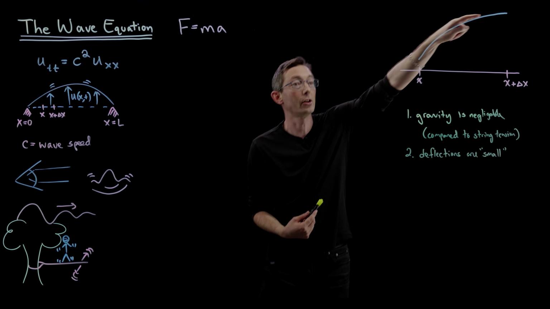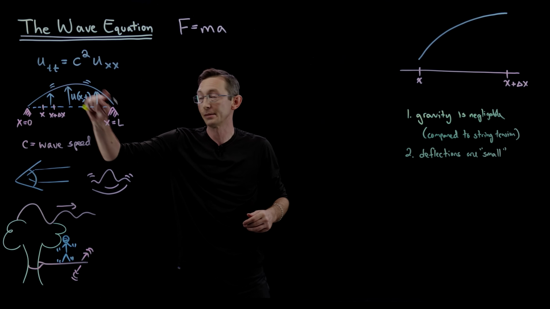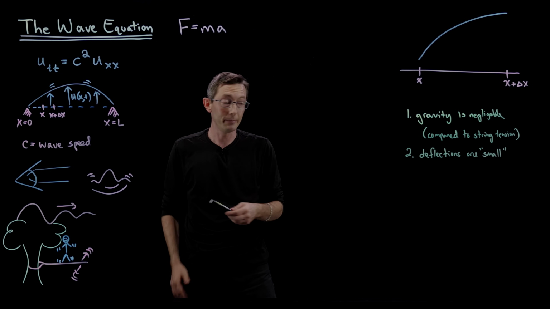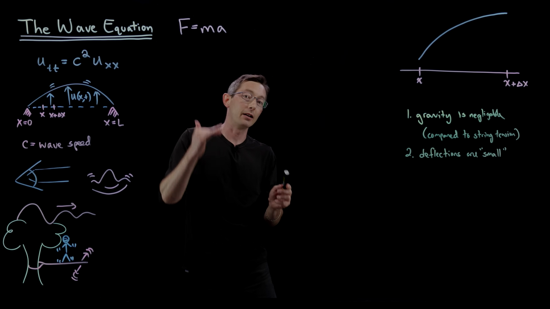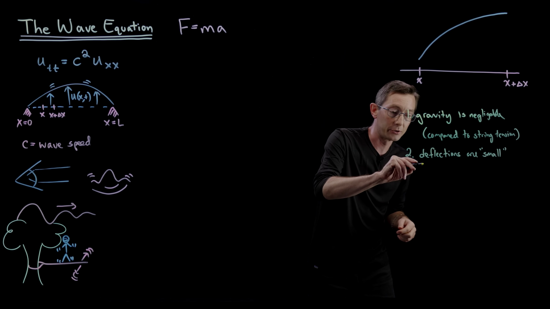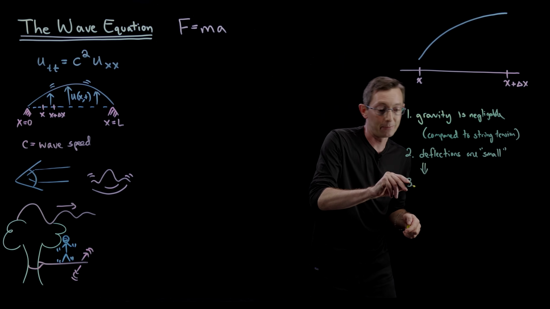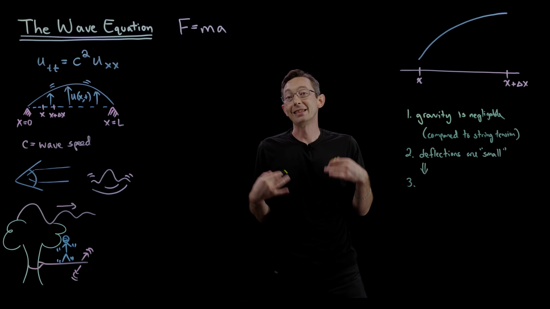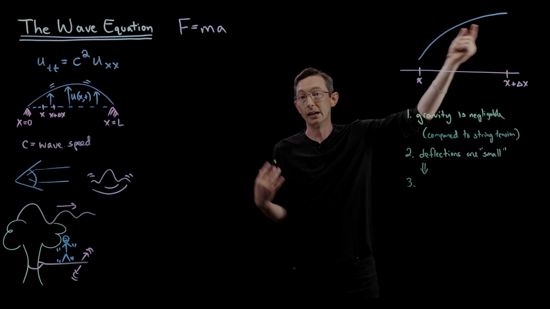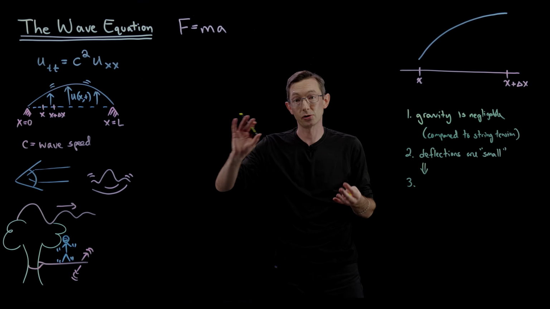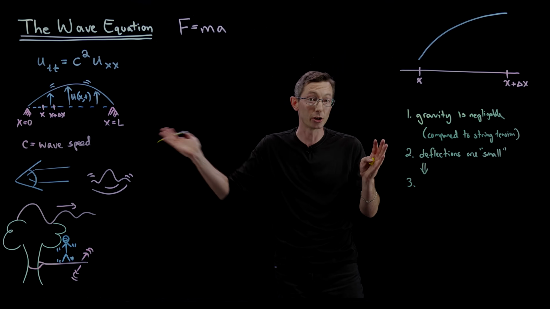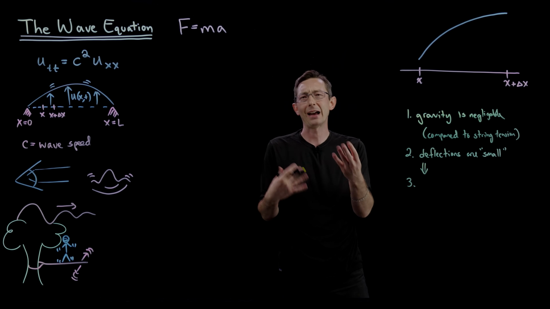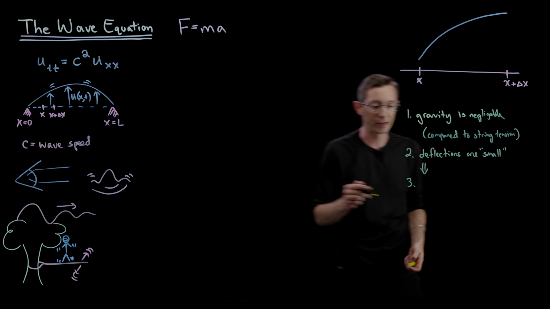So we're going to assume that all of the angles throughout this path are small. And it's going to allow us to make a very important third assumption, which is pretty much related, which is that the tension in this string is constant throughout the string. We have basically the same tension everywhere in the string. That's how tension works for small deflections.